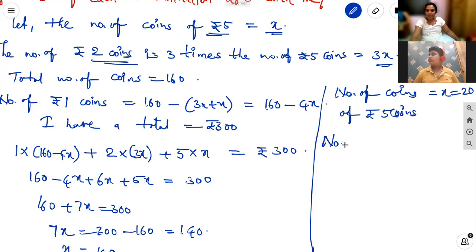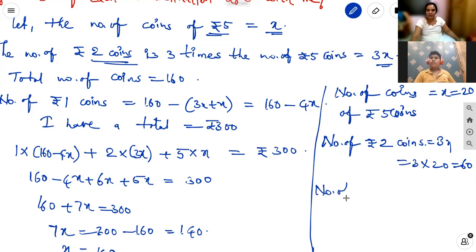Number of 2 rupee coins equals 3x, that is 3 into 20 equals 60.